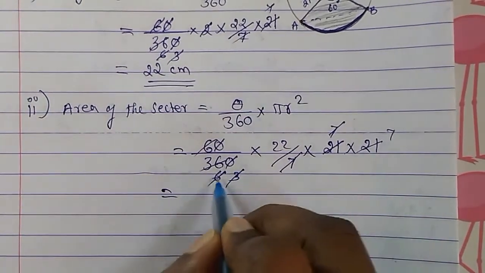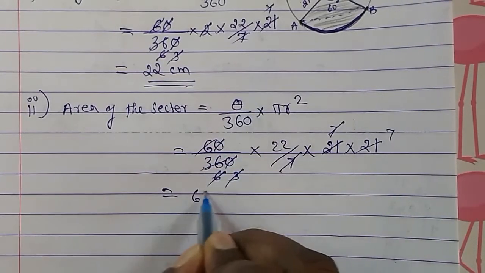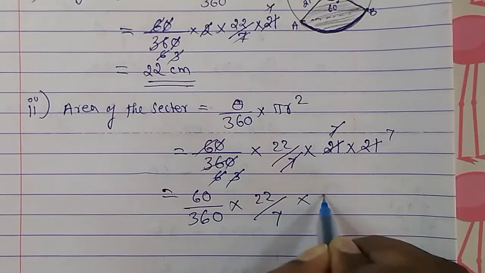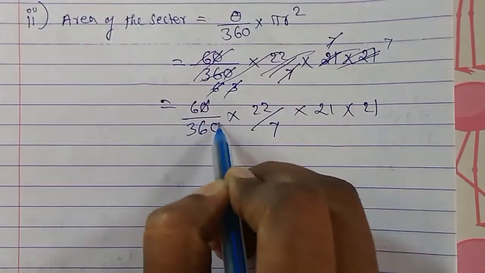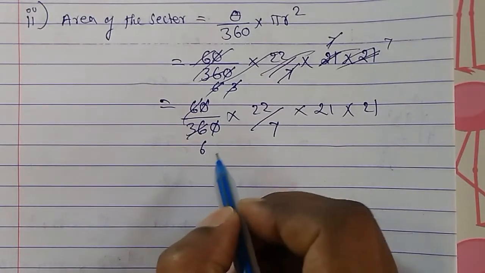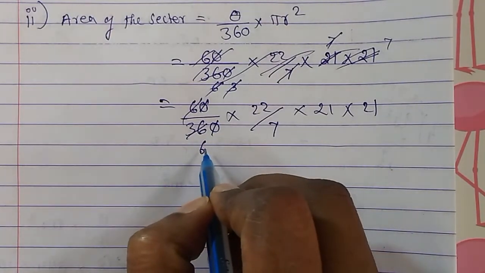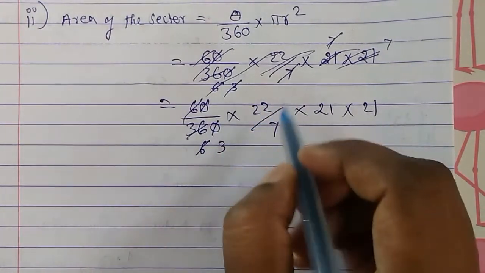Some mistake here. Once again I'll just do it. 60 upon 360, 22 upon 7, 21, 21. Okay, just a mistake here. 6 0 cancel. 6 6 36. With 2 you can cancel. 3 2s are 6.